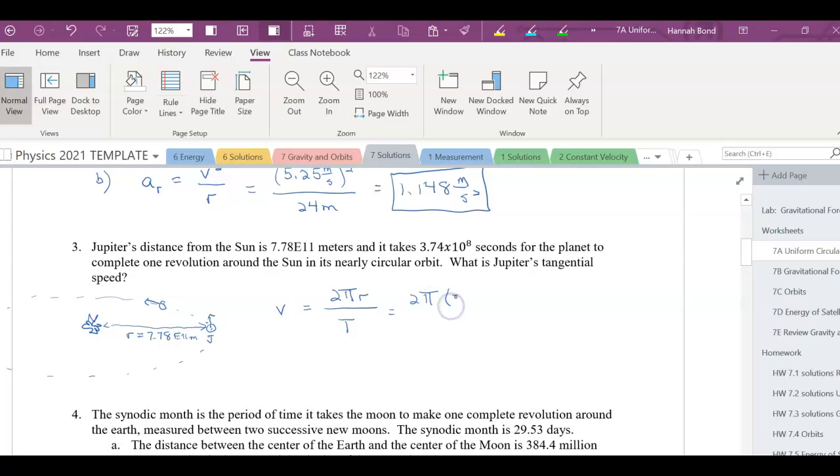Everything here was given to me nicely in standard units, so I can just plug in here. And so the velocity is 13,070.4 meters per second. Very fast, right? It has a long way to go, and so it does move very quickly.